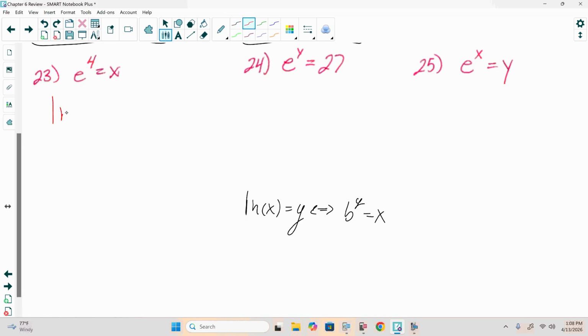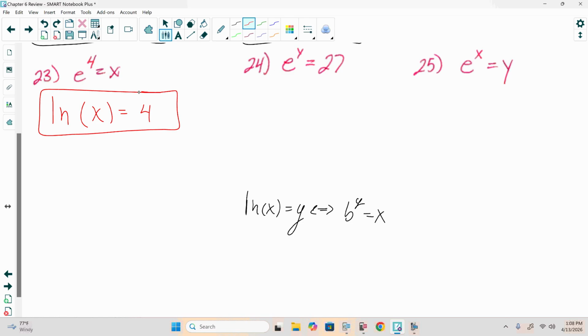So as we look at 23, we would have the natural log. Well, we understand that the natural log's base is e. So we'd have the natural log of what? X, which in this case is actually just x is equal to 4. E to the 4th is equal to x. Natural log of x is equal to 4.